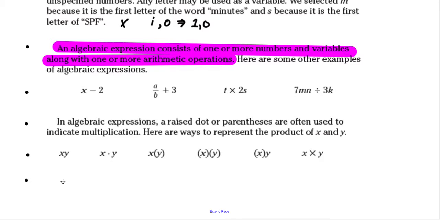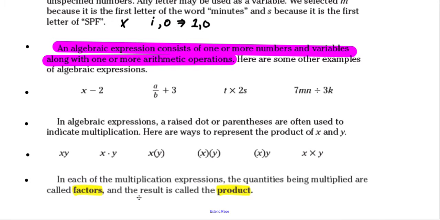In each of the multiplication expressions, the quantities being multiplied are called factors, and the result is a product. So when you multiply two numbers together, the numbers being multiplied are called factors, and the result will always be the product. In algebra, we mostly use these forms when multiplying variables.